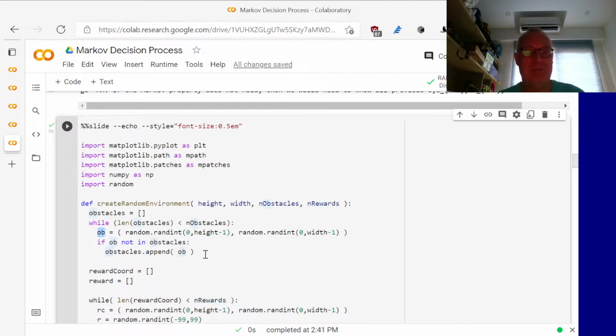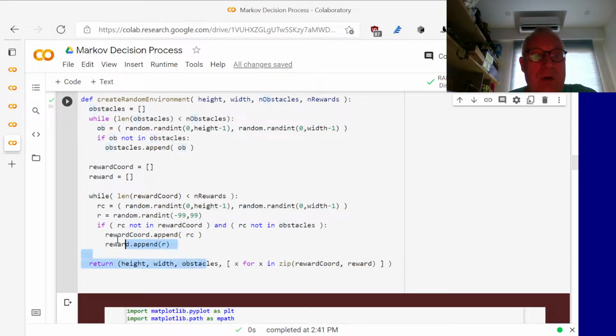And then I just generate a coordinate for an obstacle, x and y coordinate. And if that's not already an obstacle, then I set it as an obstacle, I remember it. And similarly for the reward coordinates.